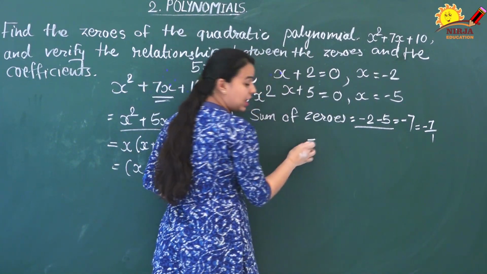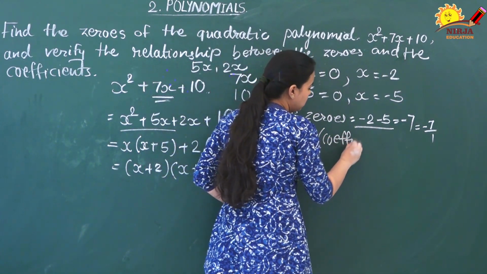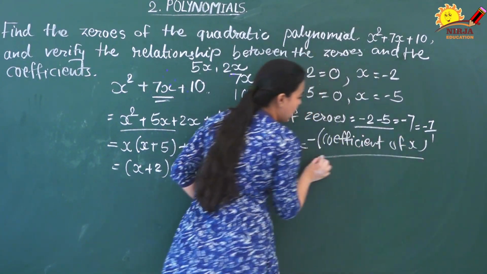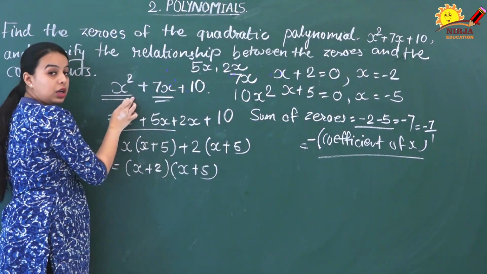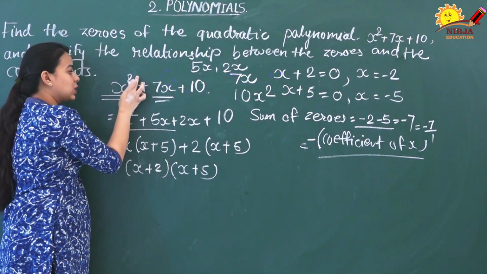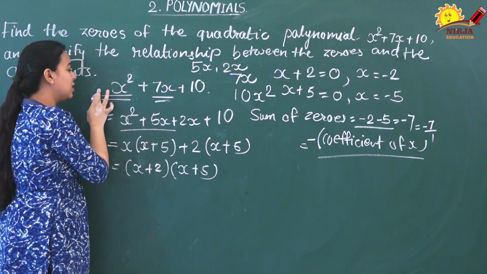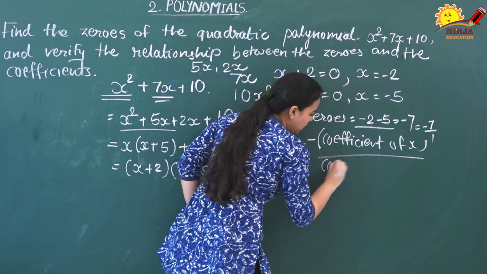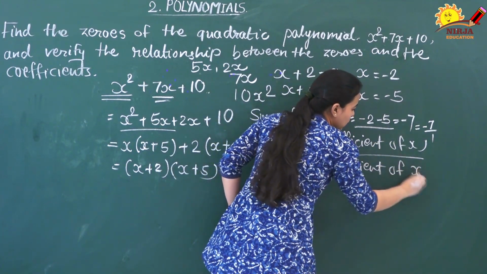Let me put the minus sign as it is. In place of 7 we can write the coefficient of x, and 1 is the coefficient of x square. Here you can see only x square is there, it does not have any coefficient, so we can consider the coefficient as 1. So here we can write coefficient of x square.